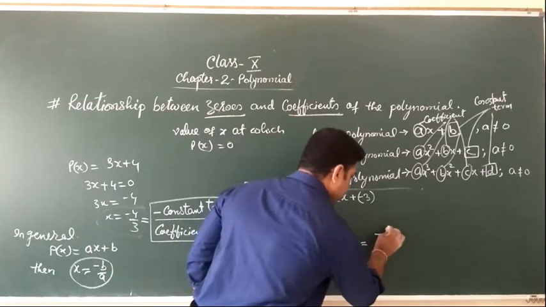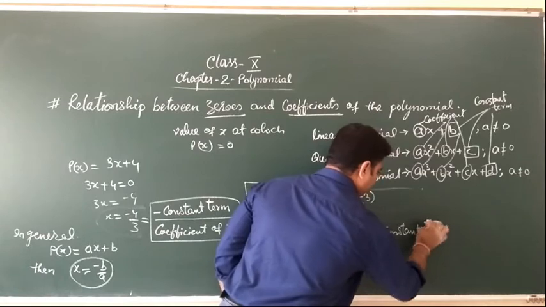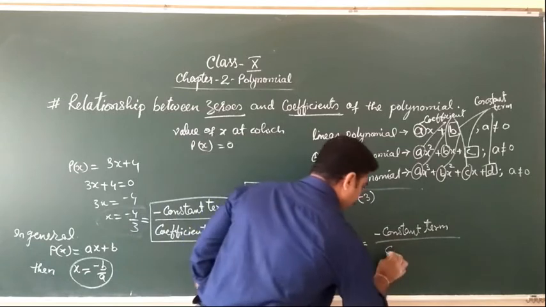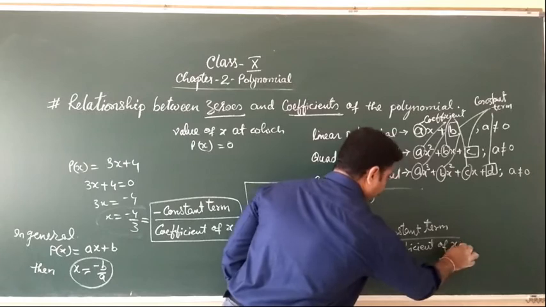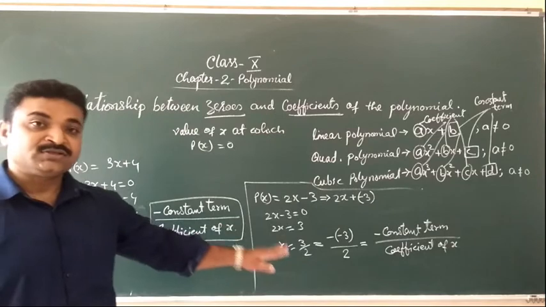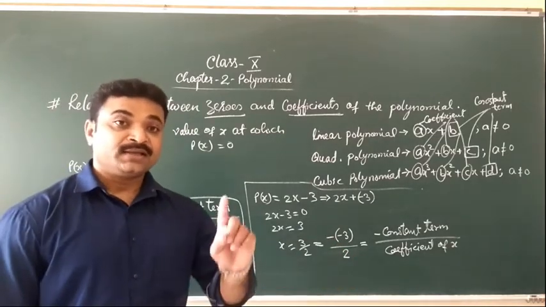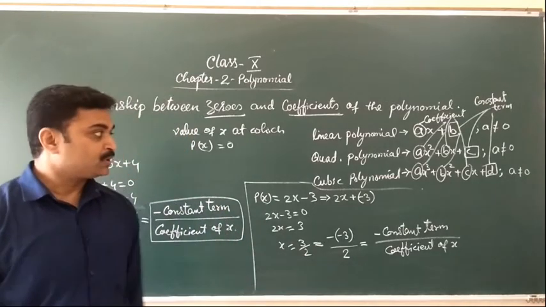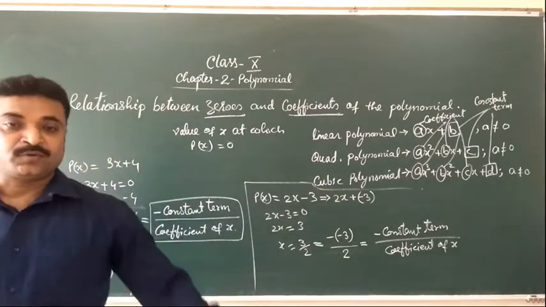So we write minus constant term upon this 2, which is the coefficient of x. You can find the relationship between zero and coefficients in a linear polynomial only. Now we proceed to quadratic and cubic polynomials. Before that, students, pause the video to note it down.